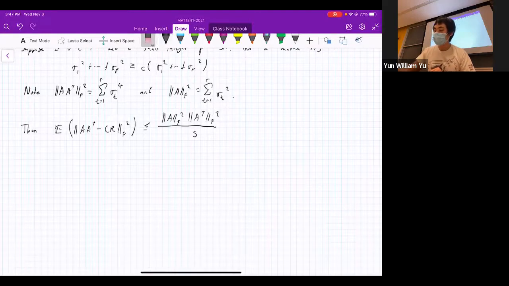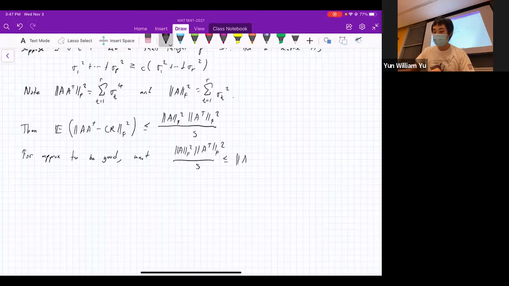We want the approximation to be good. So for the approximation to be good, we want that the Frobenius norm of A squared, divided by S, is less than or equal to the Frobenius norm of A transpose A squared, because that's the error of the zero approximation. So we want it to be at least this good.